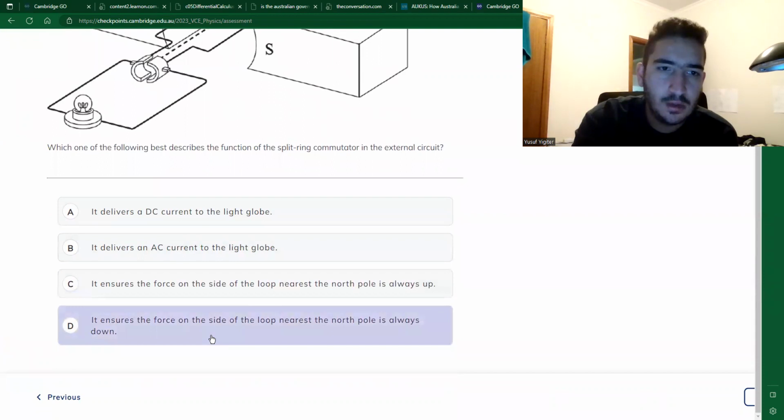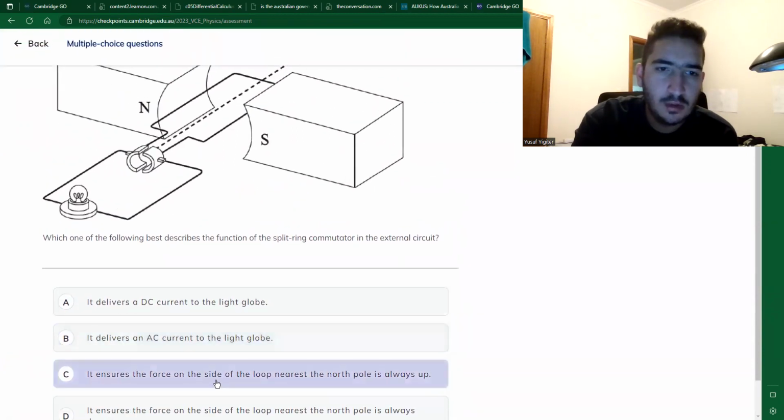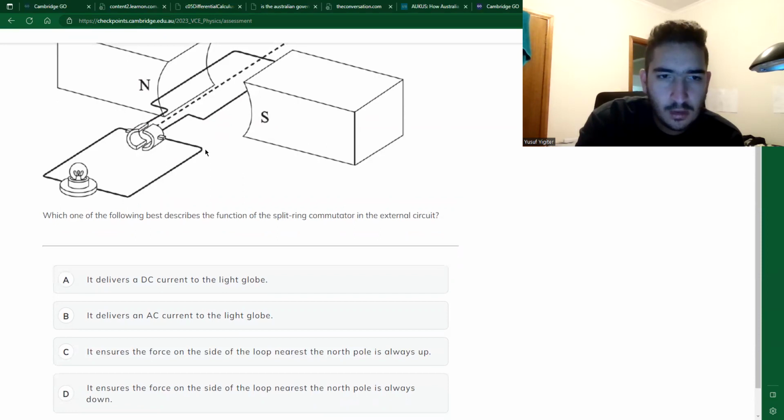It ensures the force on the side of the loop nearest the North Pole is always down.